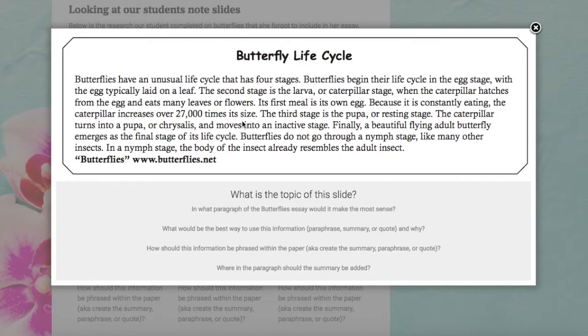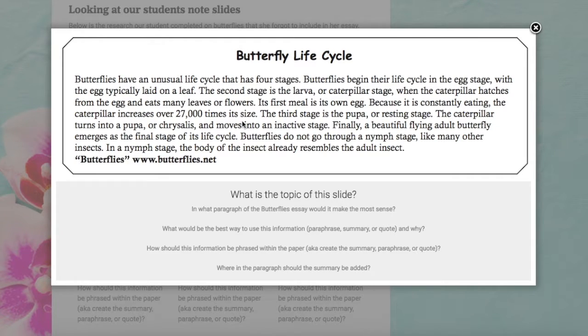Up next, it asks us, what would be the best way to use this information? Should we paraphrase it, summarize, or quote it? Well, this is a long piece of information. We do not need all of this information in our essay. So I'm going to tell you right now, quoting is not going to happen, okay? Paraphrasing would be keeping most of these ideas here, but putting it in our own words.